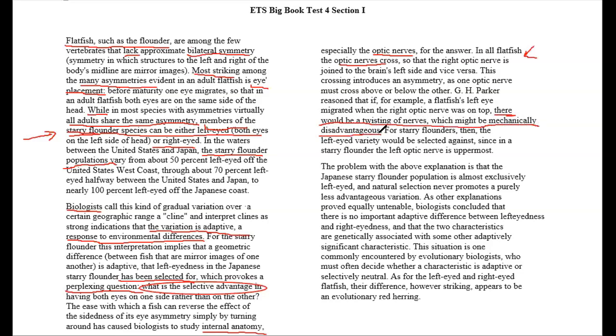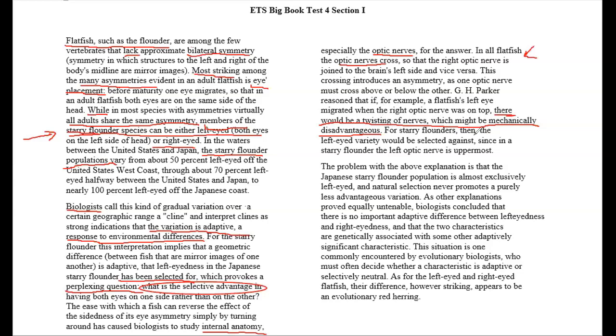So in this para, the author is saying that biologists are trying to understand this internal structure of the flatfishes. What they're saying is that in flatfishes, the optic nerves cross, and when this crossing happens, there is a possibility of a twisting of nerves, and this twisting might be mechanically disadvantageous.